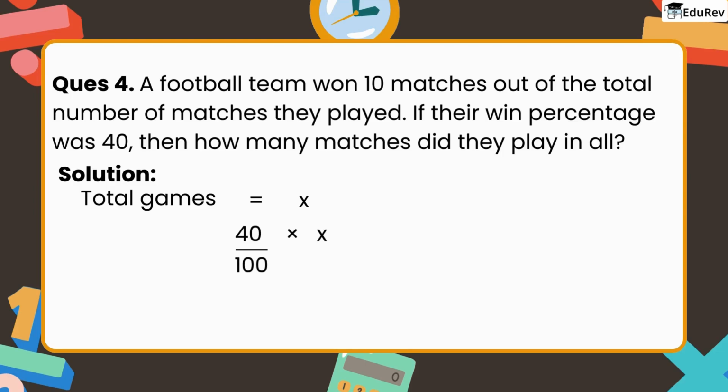This implies 40 upon 100 into x is equal to 10. We separate x from the numbers. We get x is equal to 10 into 100 upon 40, which is equal to 25. Therefore, the team played 25 total matches.